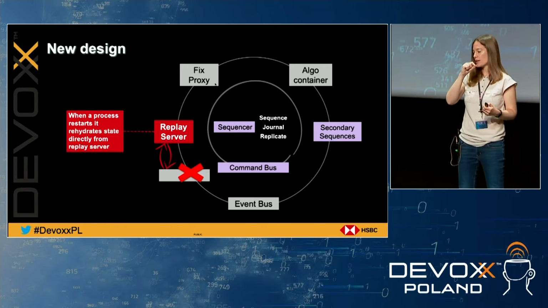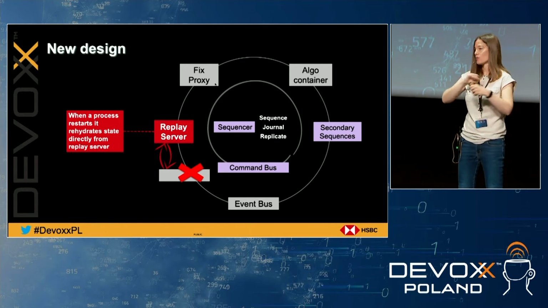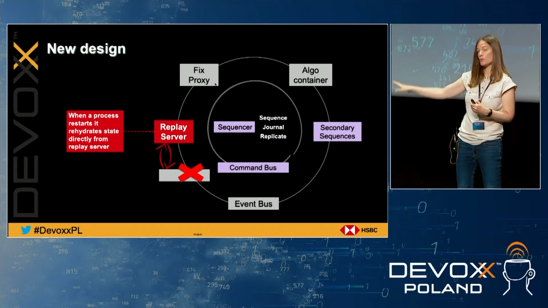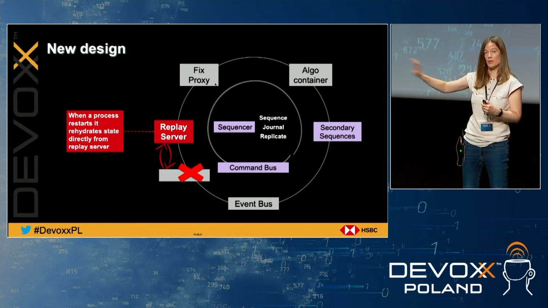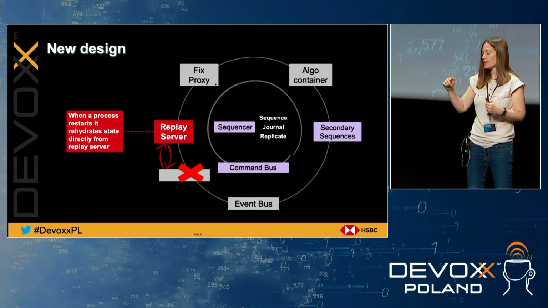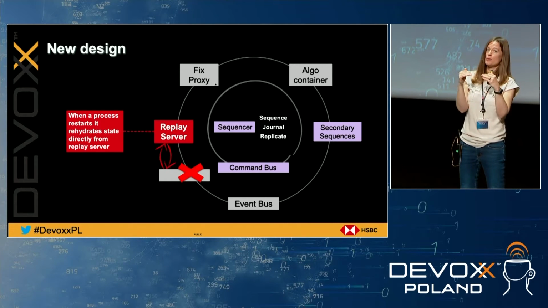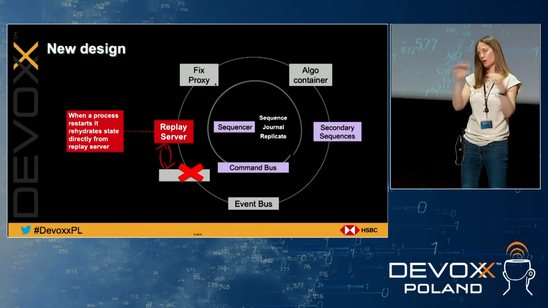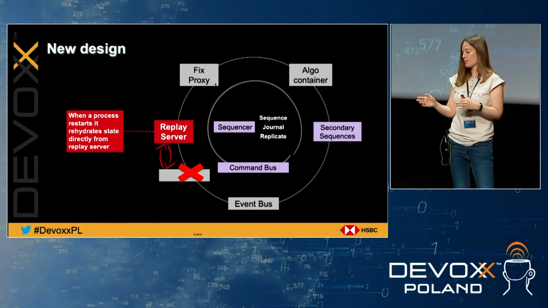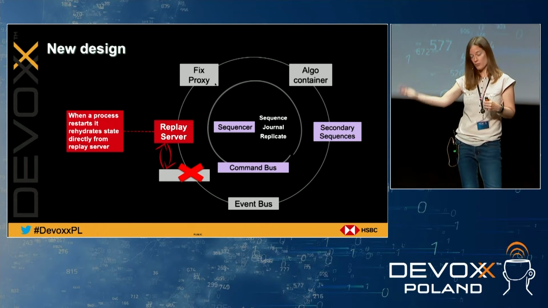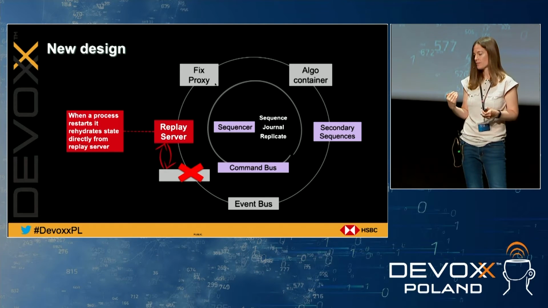That's done out of band, so no impact whatsoever to the sequencer process, which can continue doing its thing. And it's smart enough that once the process that's restarted has gotten up to the latest event, it can then cut over to the live stream and listen to the event bus again, so stuff coming from the sequencer. So that's one of the big changes we've got.